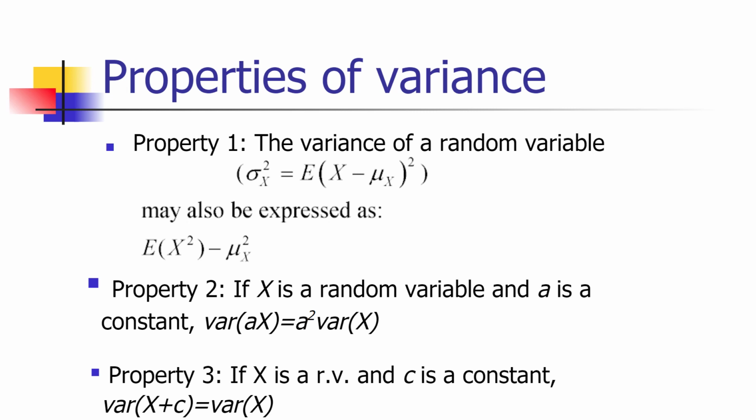And all those deviations will be exactly the same when you look at x minus its mean or x plus its constant from its mean, because the mean shifts up or down for this new variable by exactly the same amount. And as a result, whenever you add a constant to a random variable, the variance of that new variable is going to be exactly the same as it was before, as long as you don't rescale the variable itself. Just simply shifting it up or down will not affect the variance of that distribution.